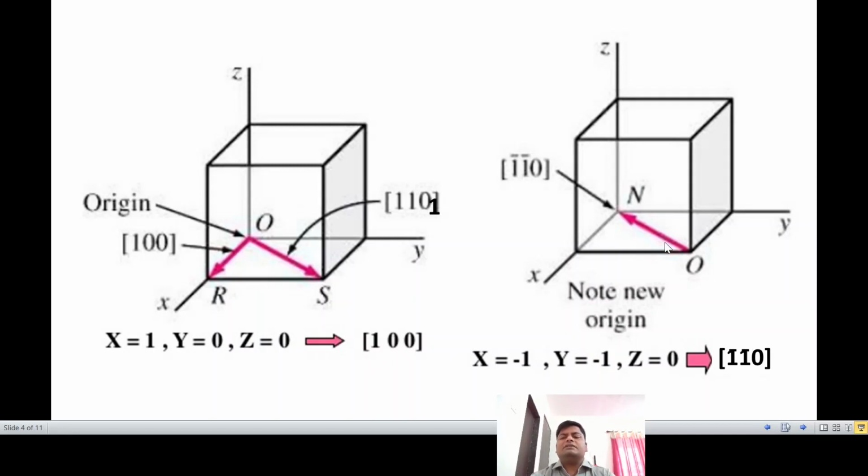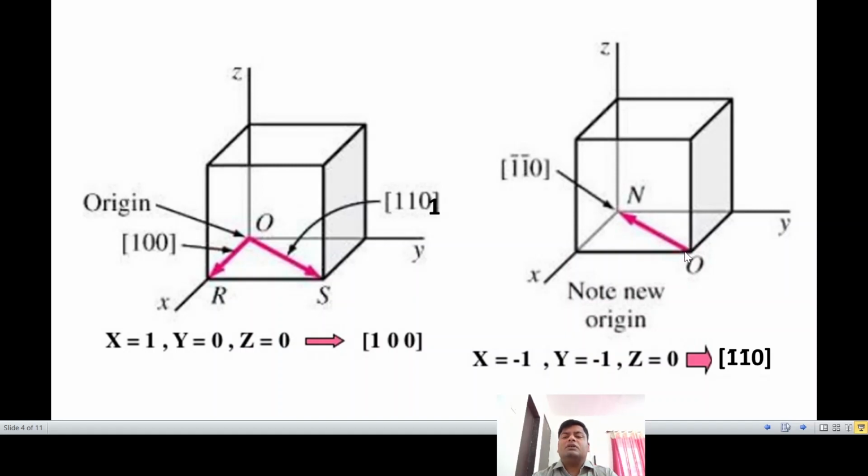In the other case, one can see the origin is at the front bottom corner, which is for the vector ON. In this case, we first have to find out the distances along the x-axis, y-axis and z-axis.